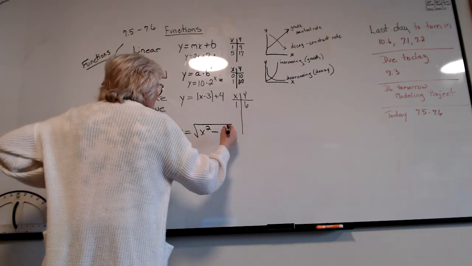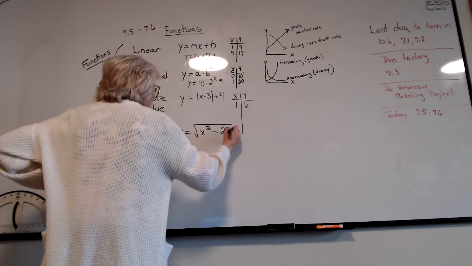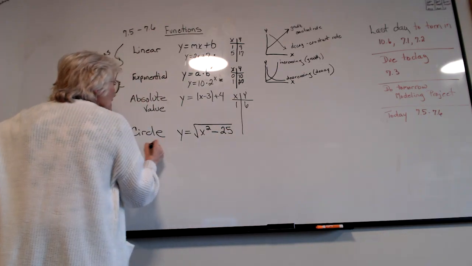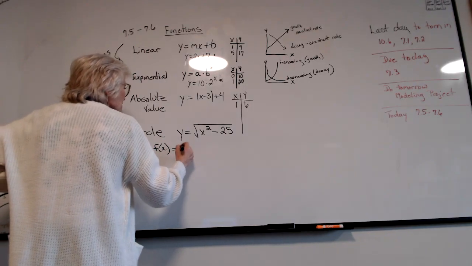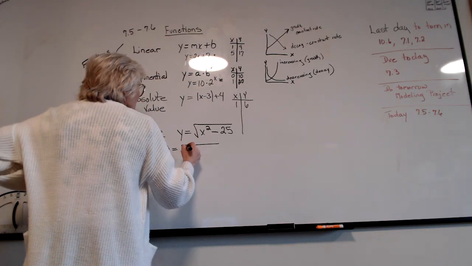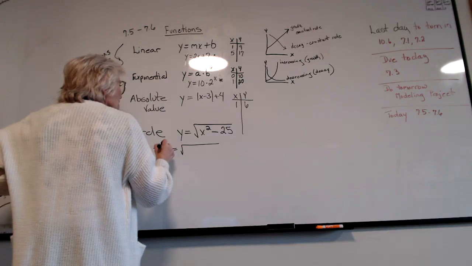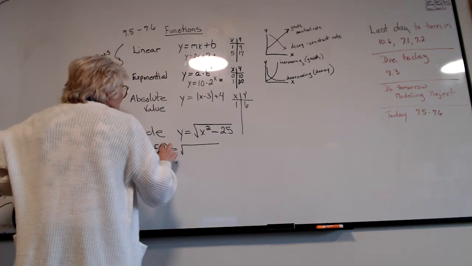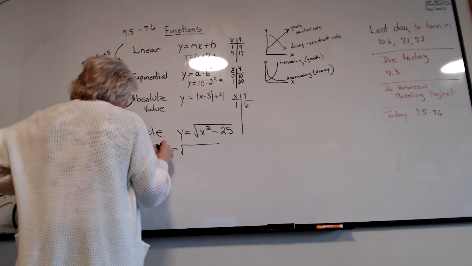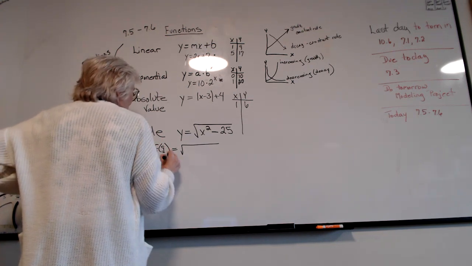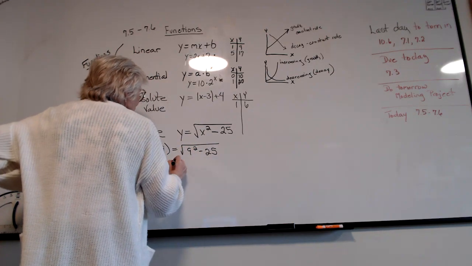These are things we really haven't done, but we'll take this as 25. So this is f of x equals the square root of... oops, let's do f of 3. No, sorry, I do it differently. F of 9. So I'm going to put 9 squared minus 25 in there.